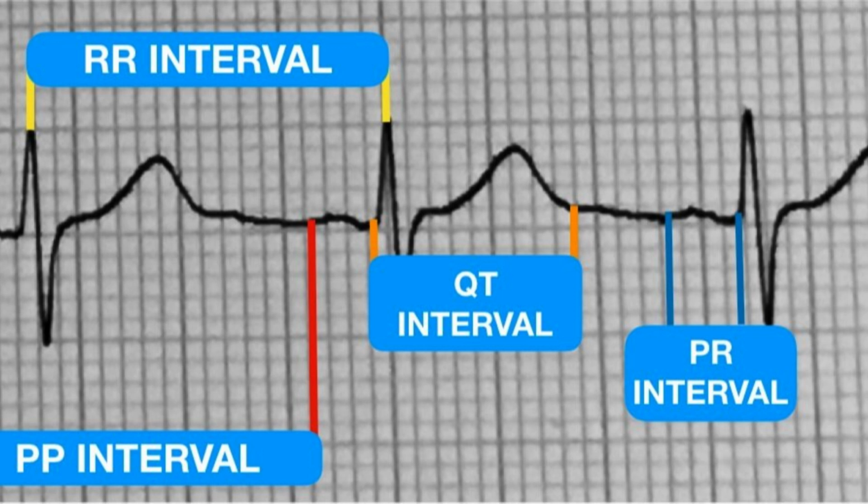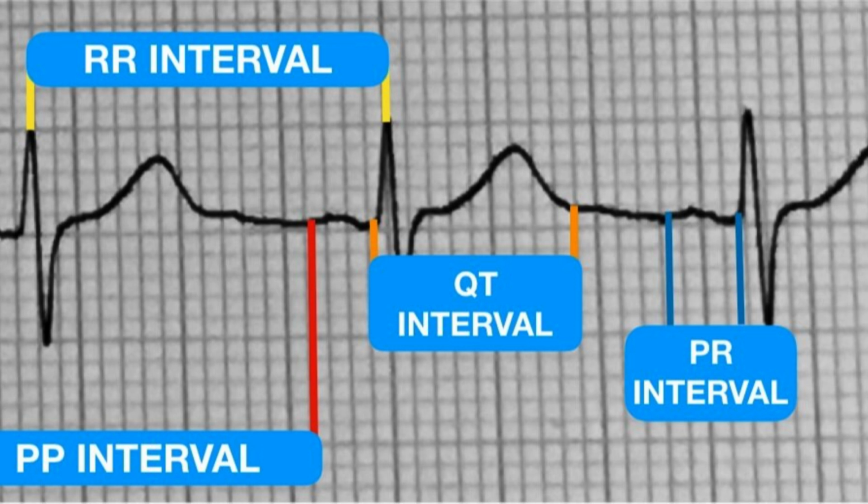And the third terminology I would like beginners to remember is something called an interval. An interval is actually a combination of a wave and a segment. The two most important intervals I would like to talk about are the QT interval, which includes the QRS complex, ST segment, and T wave.